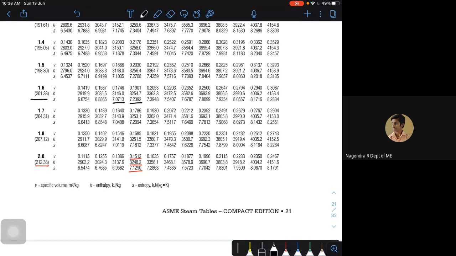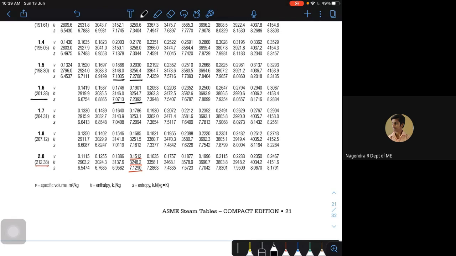So at a pressure of 16 bar, or if you want, you can check between 15 and 16 also. Now I have to do the interpolation. At 15 bar, it is 7.1035 at 350 degrees Celsius, and at 400 degrees Celsius, it is 7.2706.